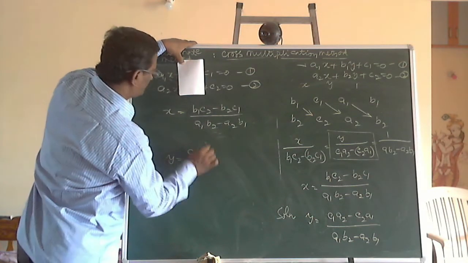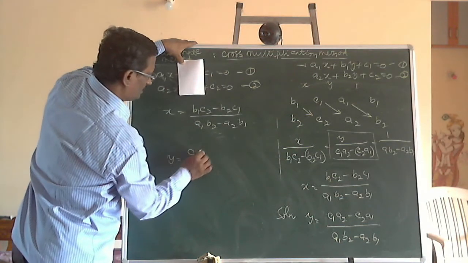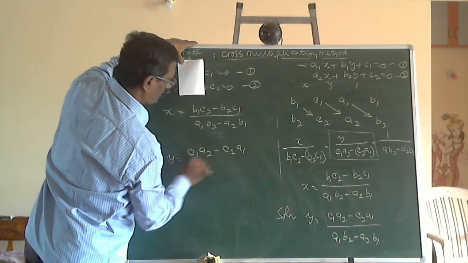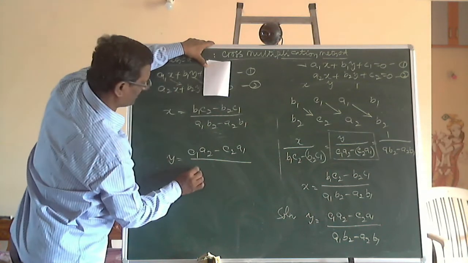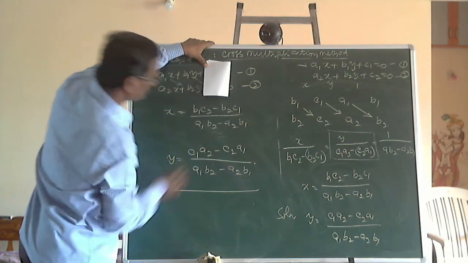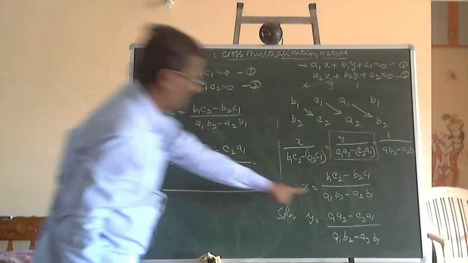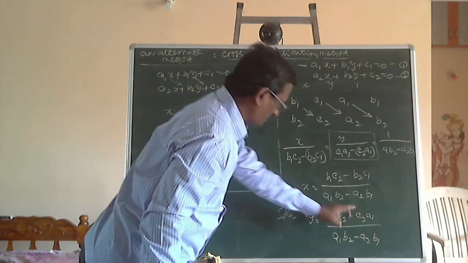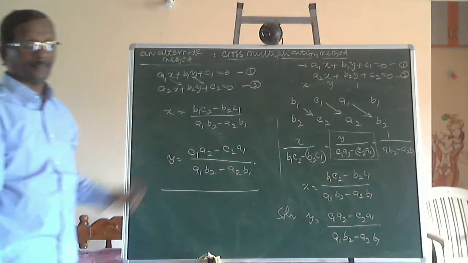So starting from c1 a2: c1 a2 minus c2 a1 by, under this, the denominator a1 b2 minus a2 b1, which is the same. This a1 b2 minus a2 b1 is the denominator, a constant for x or for y. Look, x is b1 c2 minus b2 c1 by a1 b2 minus a2 b1, same. The value of y is c1 a2 minus c2 a1 by a1 b2 minus a2 b1, same.